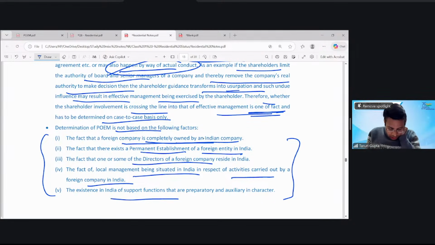The existence in India of support functions that are preparatory and auxiliary is also not relevant. If the foreign company is buying goods from India as raw material or whatever, this is not relevant. What is relevant is where the key decision, the decision on from where to buy the goods, is taken. All these types of decisions are taken somewhere. I have to identify that place.